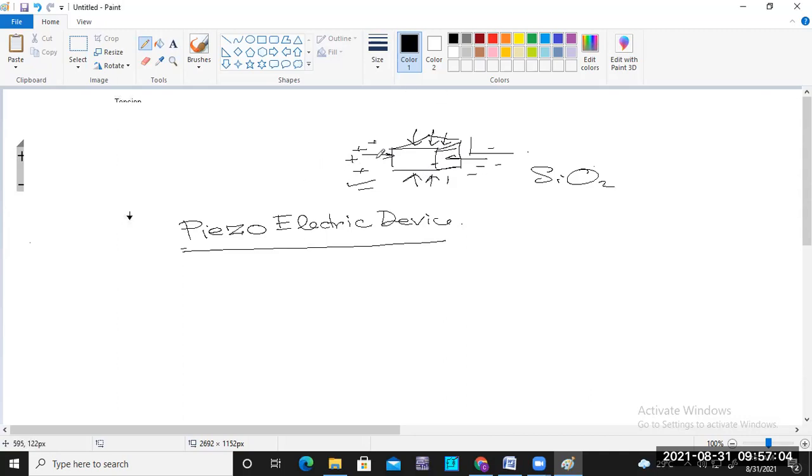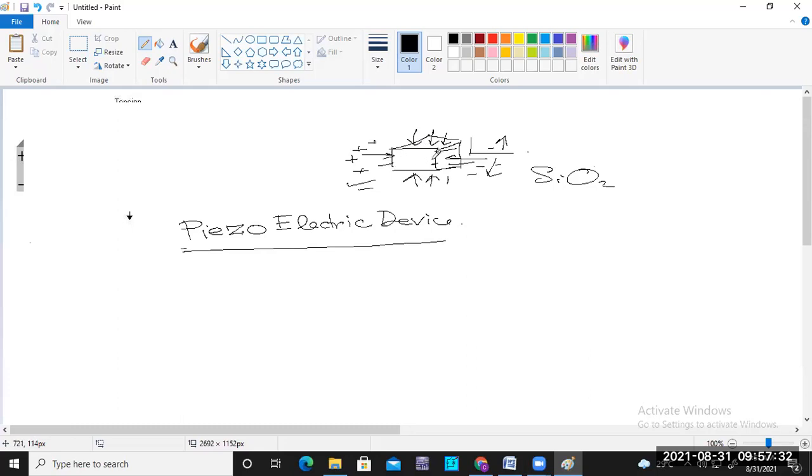The opposite action happens when we apply positive potential at one side and negative at the opposite side; then it will expand. Whenever this force is removed, it comes back to its initial position.